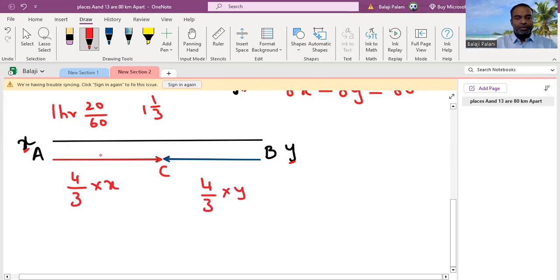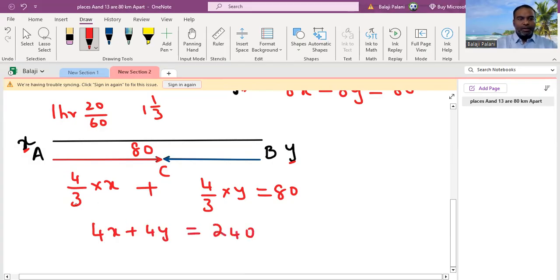Now, how do we relate it to the known data that the distance between A and B is 80? 4 by 3 x plus 4 by 3 y is equal to 80, because AC plus BC is nothing but AB from the second diagram, second condition. So let's simplify this. 4x plus 4y is equal to 240.